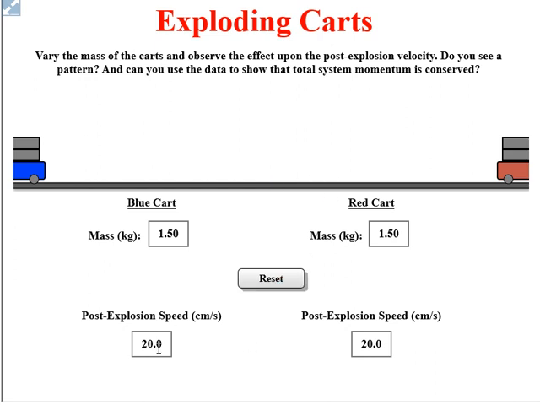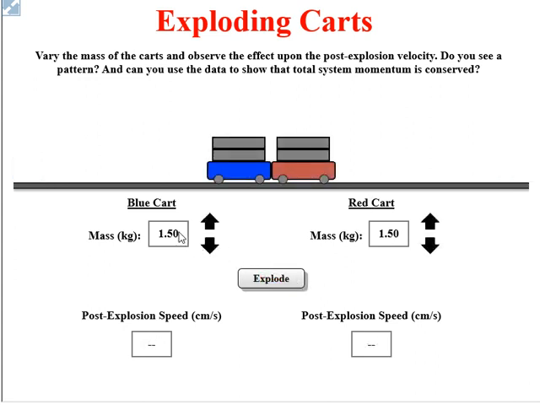So it's not as if this momentum adds up to this momentum. What actually happens is this momentum of the blue cart will be positive and the momentum of the red cart will be negative. So they will add up to 0. They don't add up to a positive number. They add up to 0. And the momentum at the start is also 0.